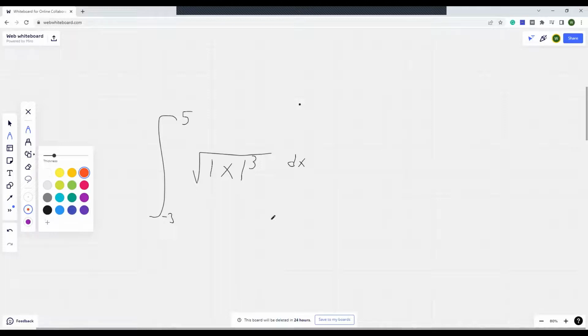So let's begin. First things first, looking at this problem, we're cubing the absolute value of x, and we're taking a square root. This notation is a problem.